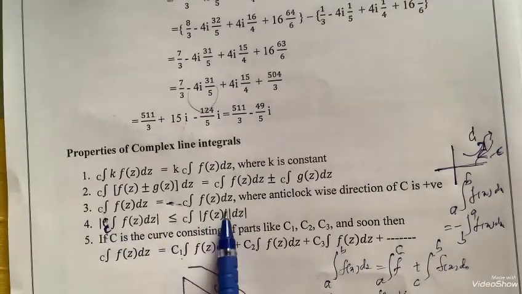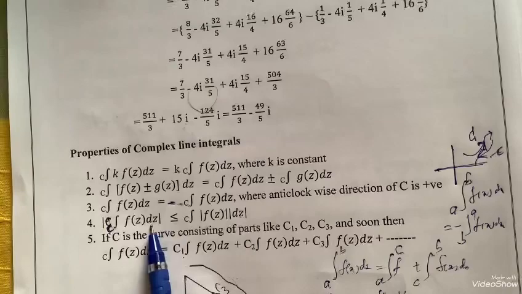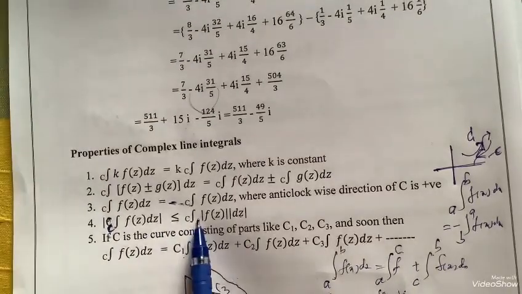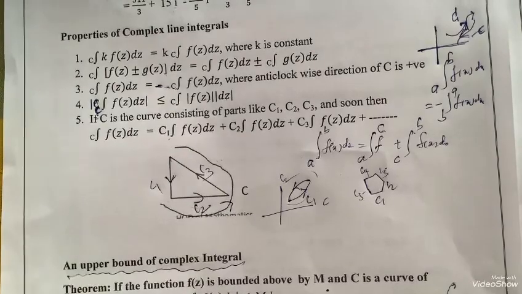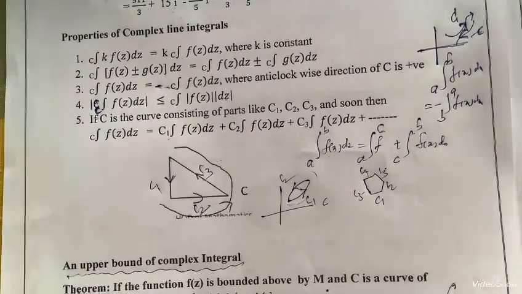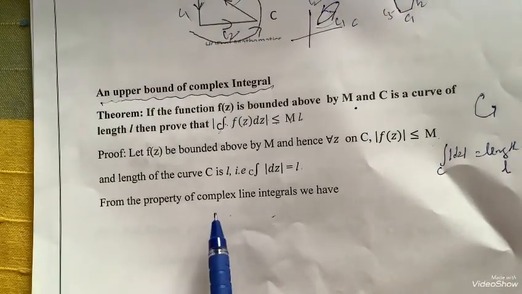By using this property, the mod of integration f(z) dz is less than or equal to integration of mod f(z) into mod dz. That property you have to use from the properties of complex line integrals.